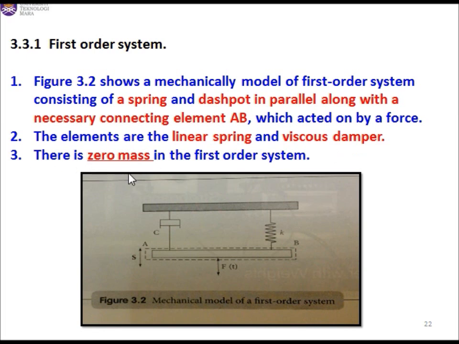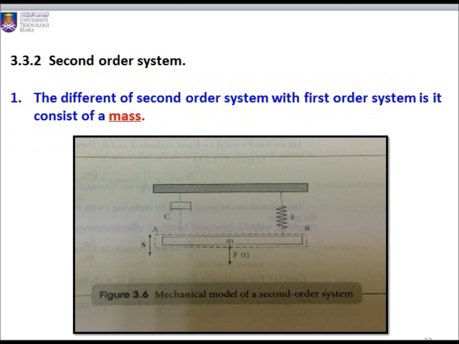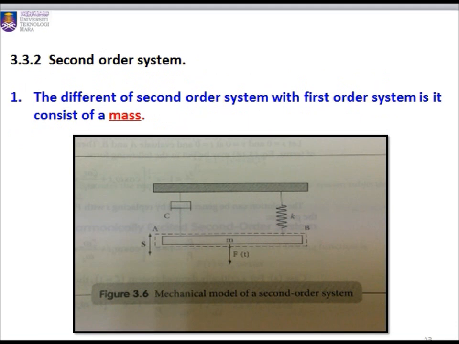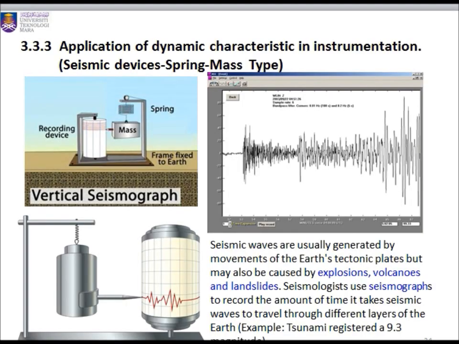There is zero mass in the first order system, so you should neglect the mass when you study the first order system. Next is second order system. The difference of second order system from first order system is that it consists of a mass, so you need to consider mass in second order system.